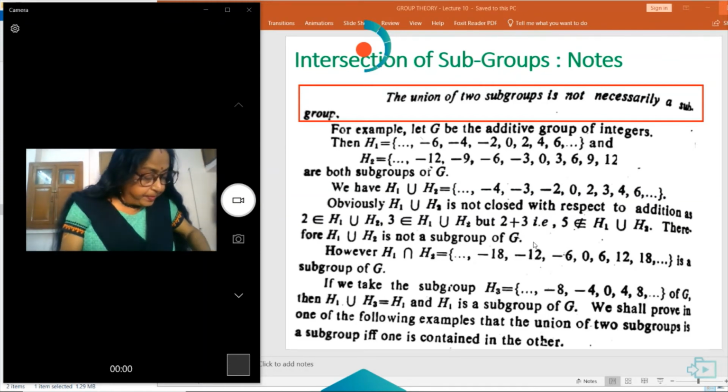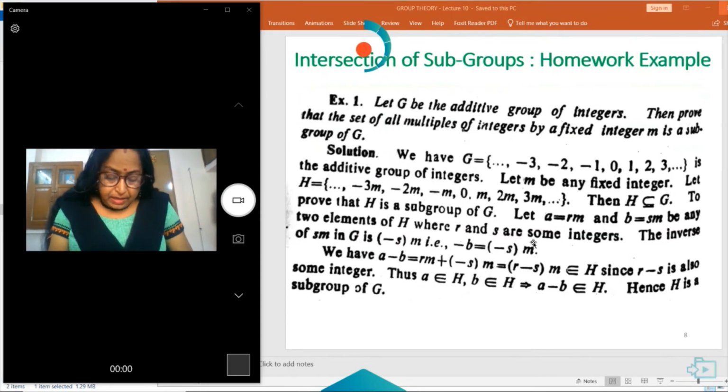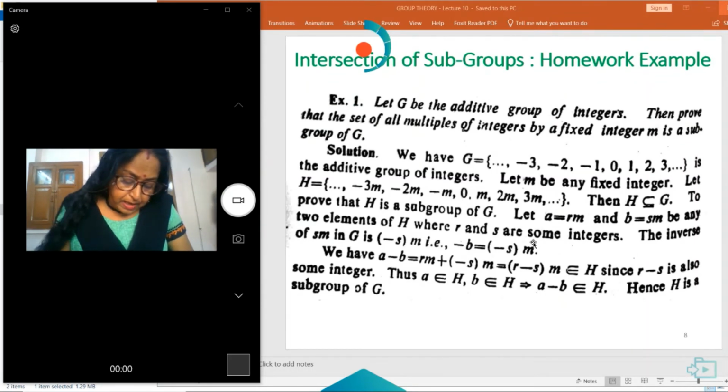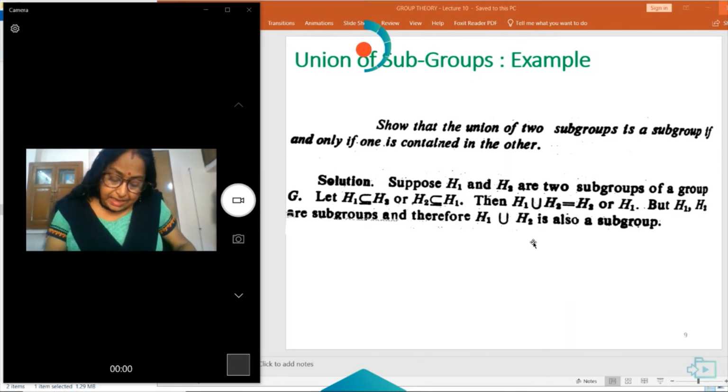Next, show that the union of two subgroups is a subgroup if and only if one is contained in the other.